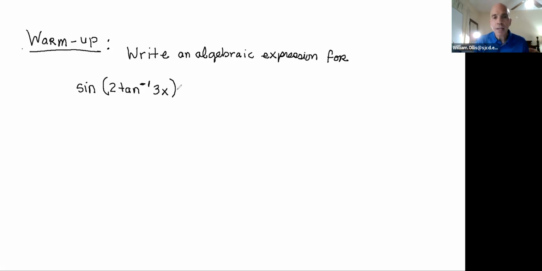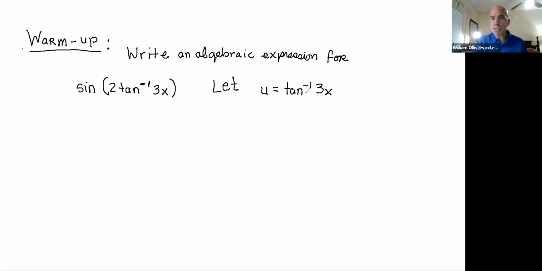Now, does this look familiar to anyone? Here's the first thing we want to do: assign, that is, let u be the inverse part. That is, let u be inverse tangent of 3x.